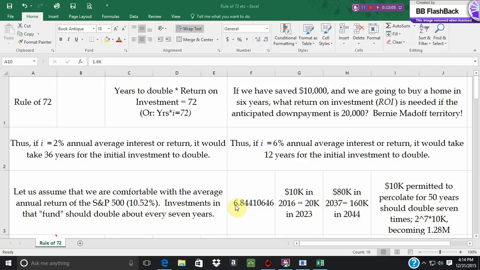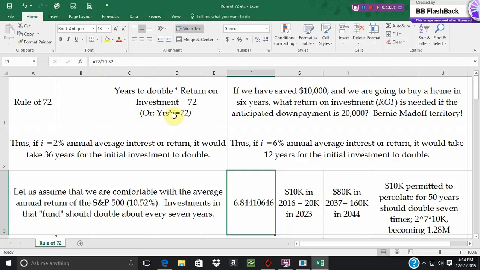So assuming that the rule of 72 is correct, we want to look at how quickly money will double if we put it in. If you look at the formula bar up here, you'll see that I've got 72 divided by 10.52.